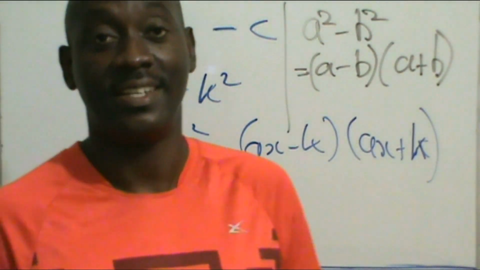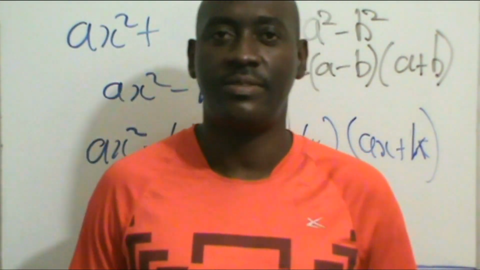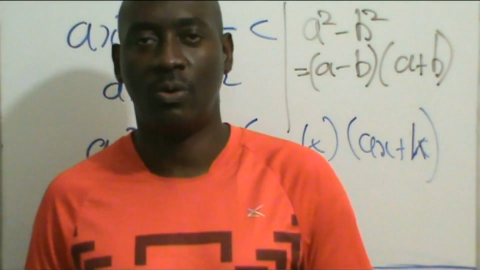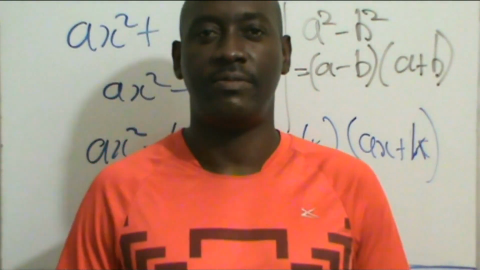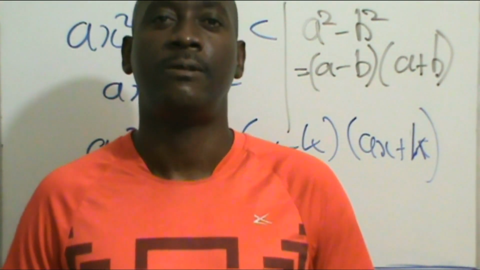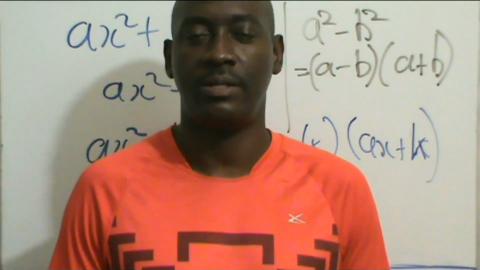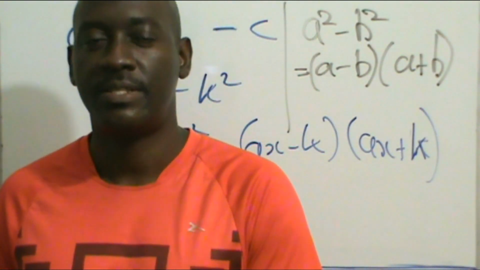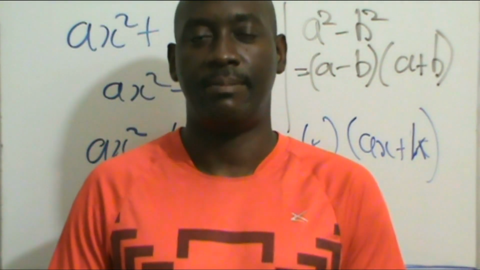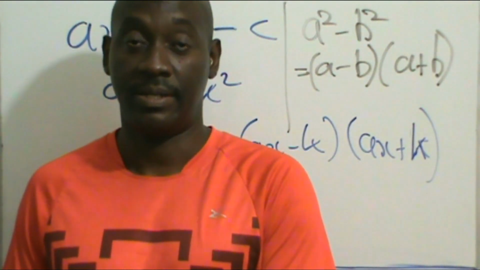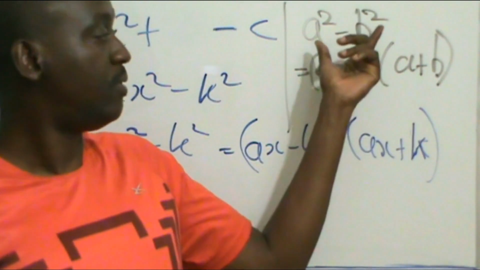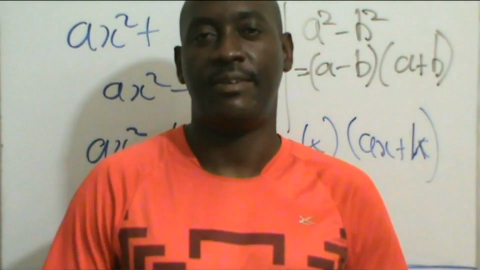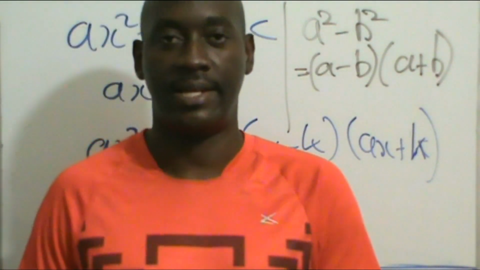Now, of course, if you were looking at the previous videos to this, you would have recalled that this expression was part of the special expansions, where we looked at a minus b all squared, a plus b all squared, and a minus b multiplied by a plus b. So here we're looking at it from the reverse end, where we're starting off with a squared minus b squared and factorizing to get back a minus b into a plus b.